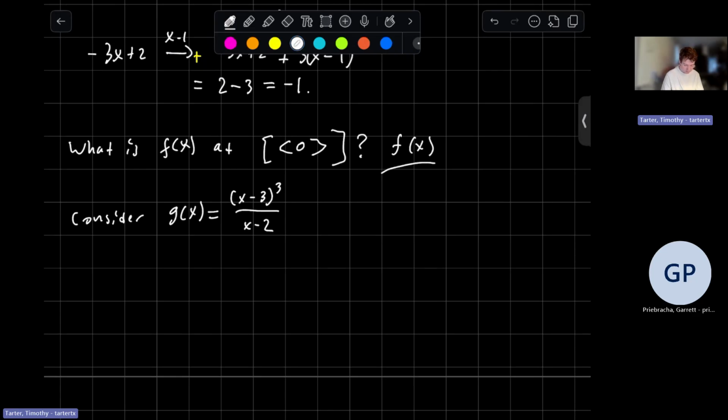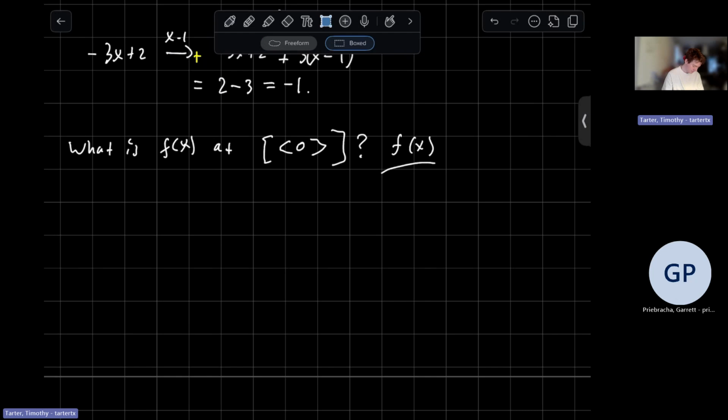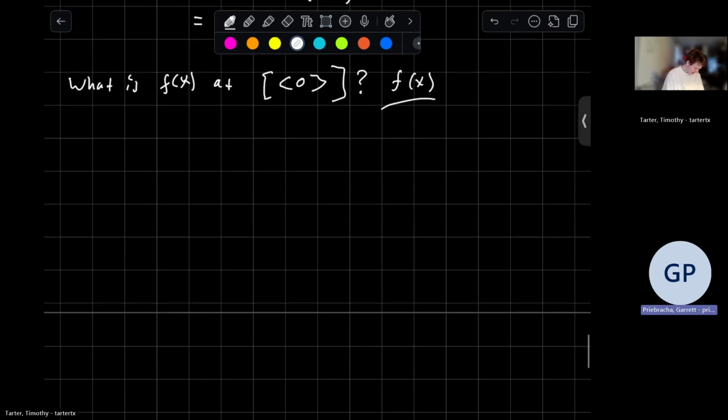We want to be able to say that g of x has a triple zero at 3 and a single pole at 2. We will be able to do this after chapter 13. Okay, never mind. Don't consider this.